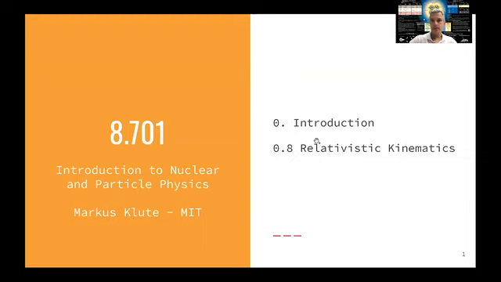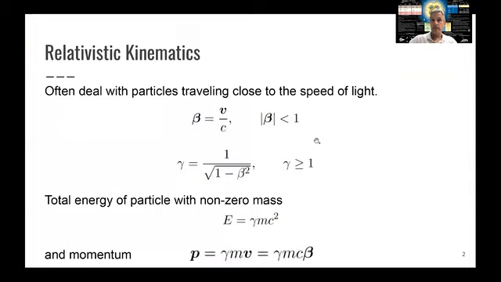of examples. So in particle physics, nuclear physics, we often deal with particles which travel close to the speed of light. The photon travels at the speed of light. We typically define the velocity as v over c in natural units. Beta is the velocity. Gamma is defined by 1 over square root 1 minus the velocity squared.